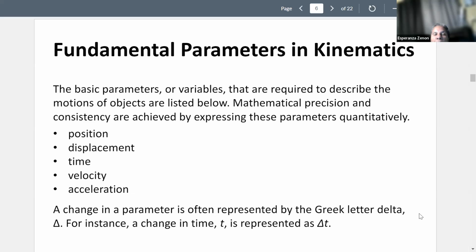If it was position, for example, and I wanted to know how the position changed, typically we use the symbol X for position. And if I wanted to know how the position changed, I would say delta X. Okay. So it's important, notation is a big part of this, right? You have to be using notation that adequately represents what you're trying to express.